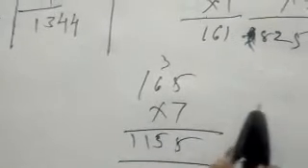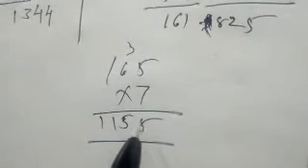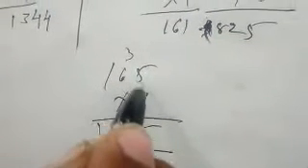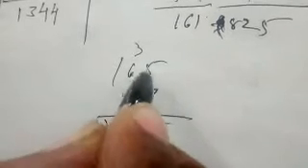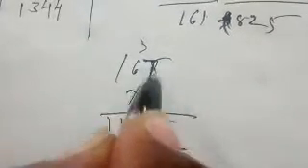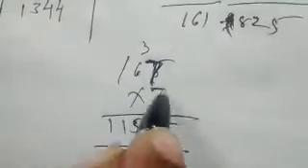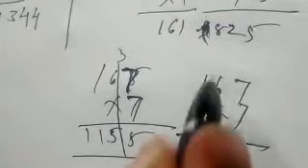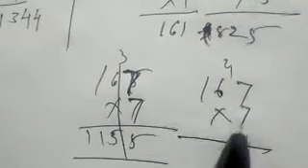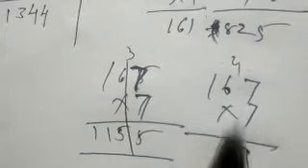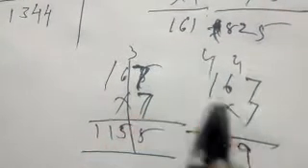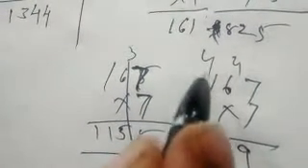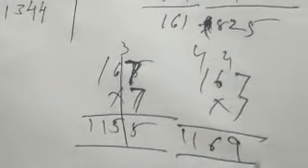Sorry, 165 into 5 you have to take, right? 167 into 7 you have to take, because whatever number you take, you have to multiply with the same number. So 167 into 7, 49, 42 plus 4, 46, 7 1 is 7 plus 4, 11, 1169.